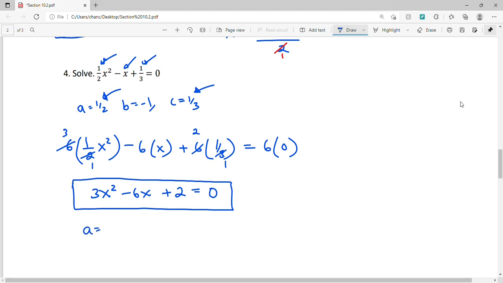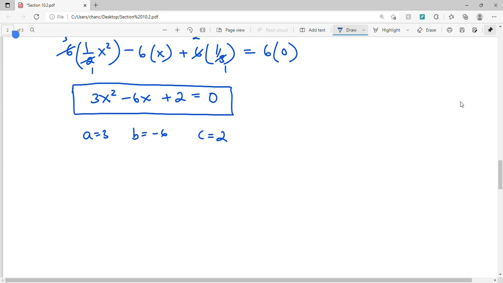A is just 3, B is -6, and C is equal to +2. Let's write down the quadratic formula, and hopefully you have memorized it already. It's -b plus or minus the square root of b squared minus 4ac all over 2a.